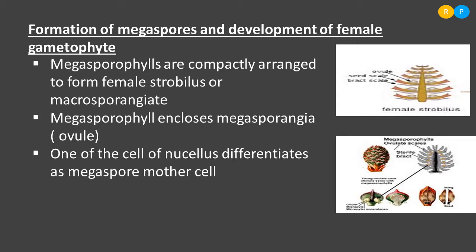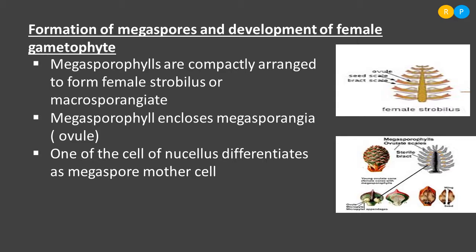One of the cells in the nucellus differentiates as the megaspore mother cell. You understand, many cells are there within the megasporangia, thousands of cells. Among many, only one cell differentiates as the megaspore mother cell.